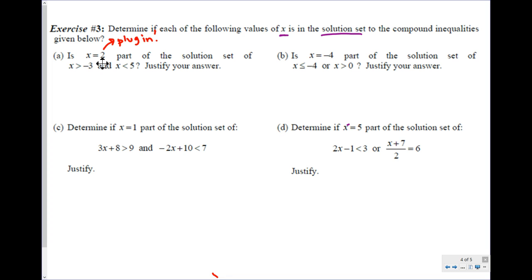I plug in x equals 2, so I get 2 is greater than negative 3, and 2 is less than 5. Is 2 greater than negative 3? Yes, that's true. Is 2 less than 5? That's also true. So that means yes, x equals 2 is part of the solution set.